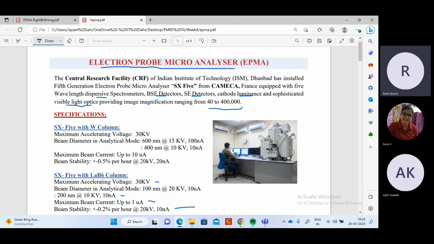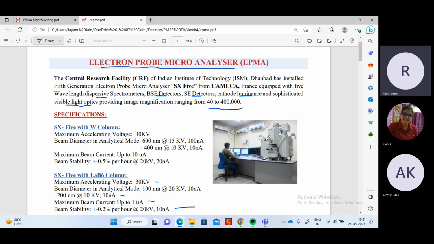And one more advantage of EPMA is that it will be able to identify minute particles also. If something is in a smaller percentage, or the sample has some impurities present, or you are doing microalloying, in that case EPMA is used.